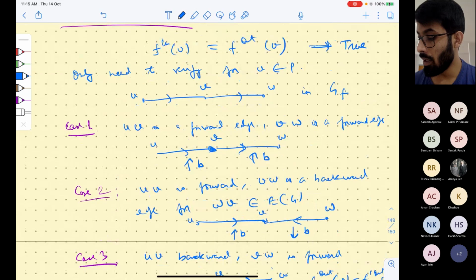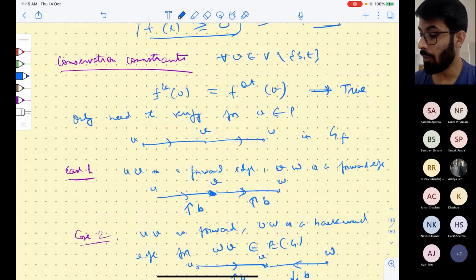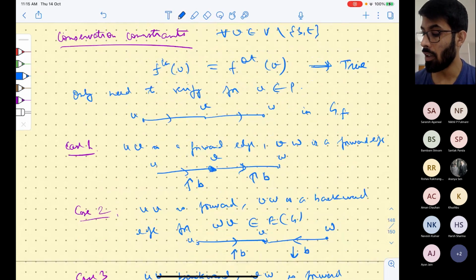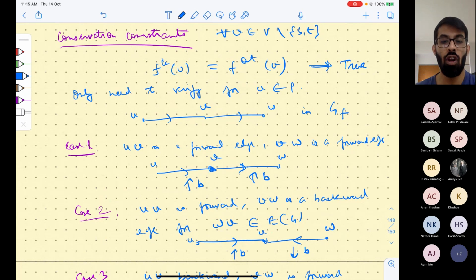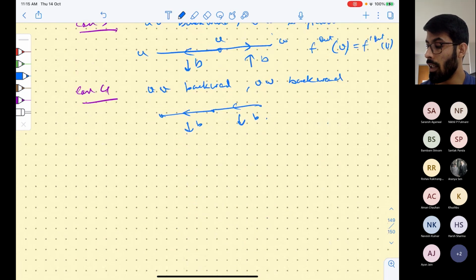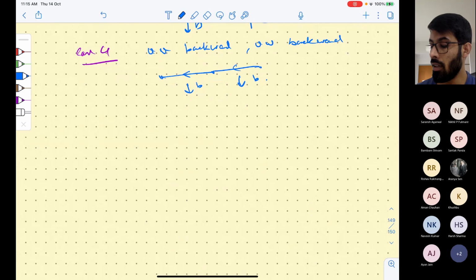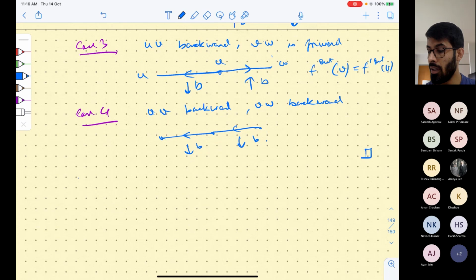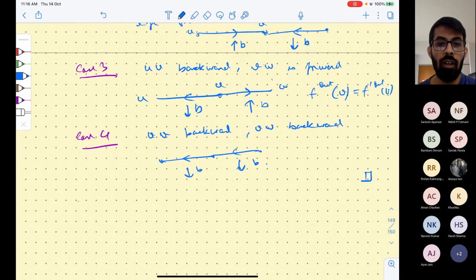So this shows that in all 4 cases, we have this condition that holds, that F in of V is equal to F out of V for every vertex V in the path apart from S and T. So we are good. So the conservation constraint also holds, and hence we know that F prime is a flow. Okay. Any question about that?